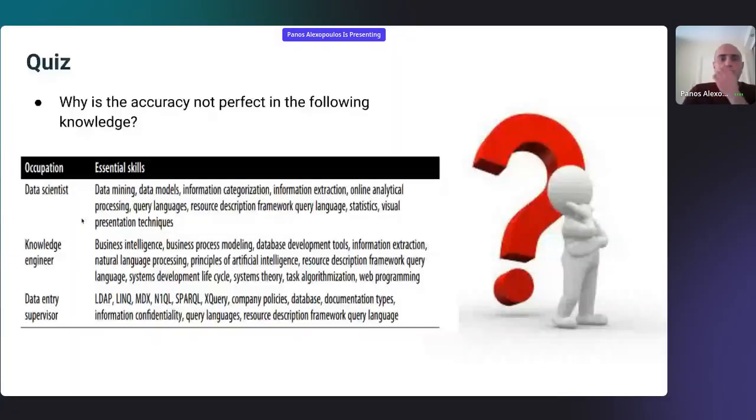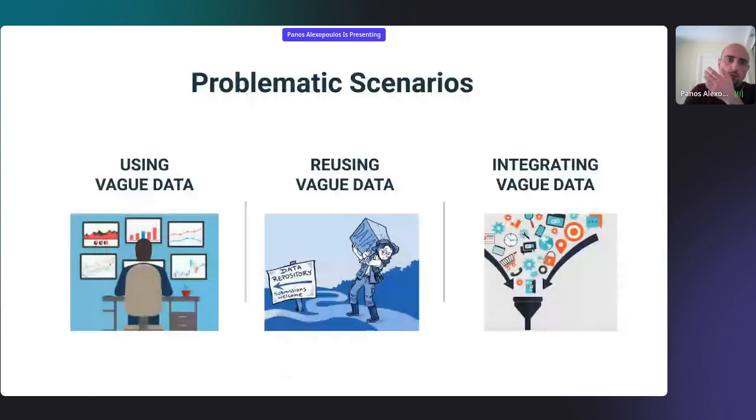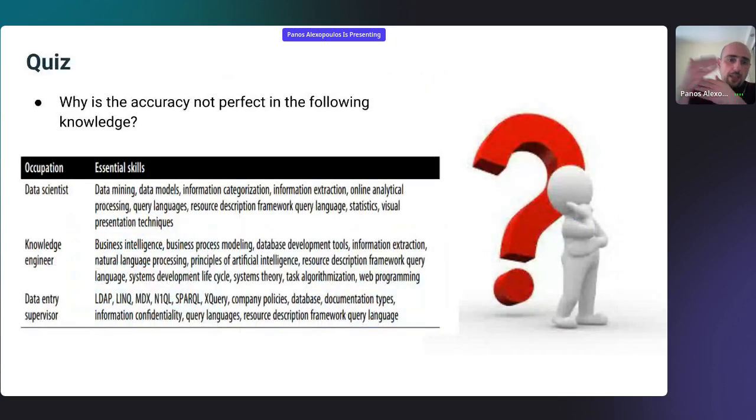Okay. So after accuracy, I was talking about the problematic scenario. Imagine that we have all this. Why would you think that we have not so good, not perfect accuracy in the following knowledge?